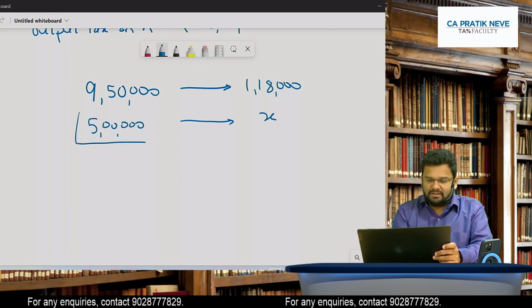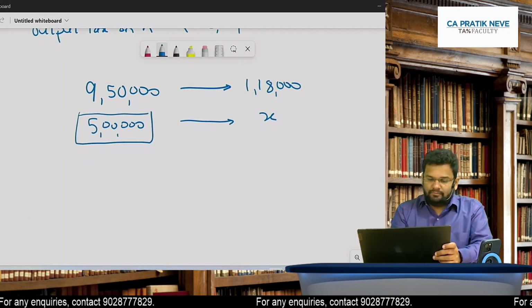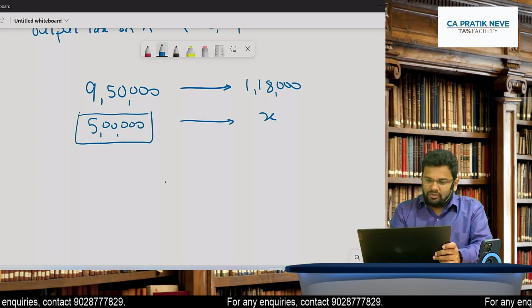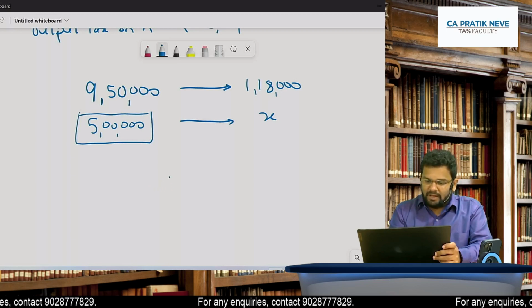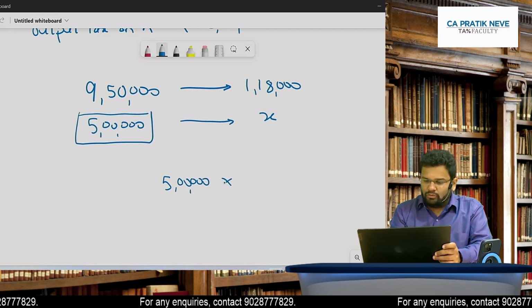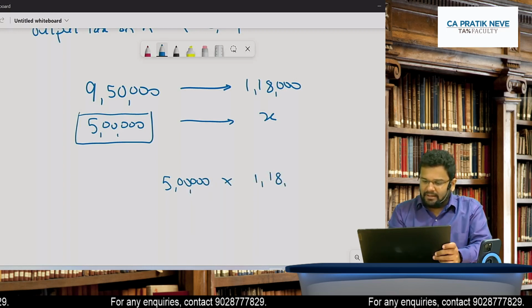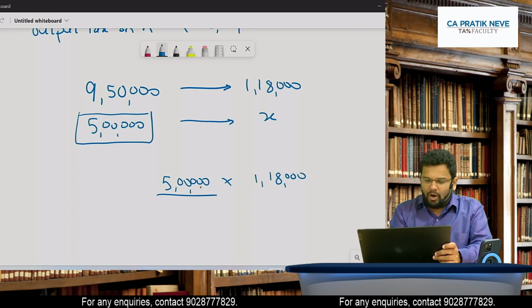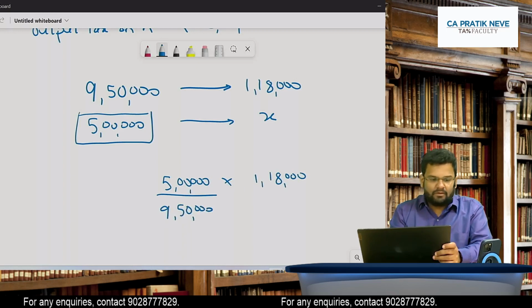See friends, so what you must be doing? You must have been doing 5 lakh into 1,18,000 upon 9,50,000.